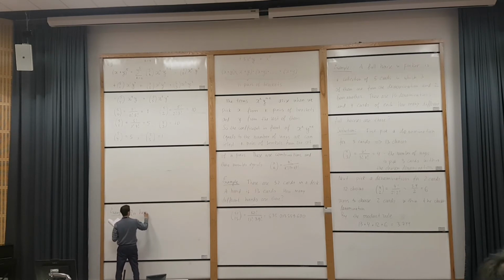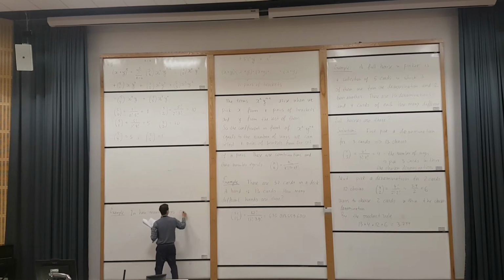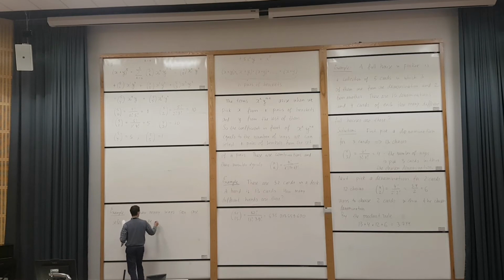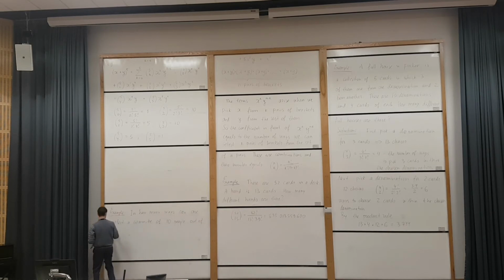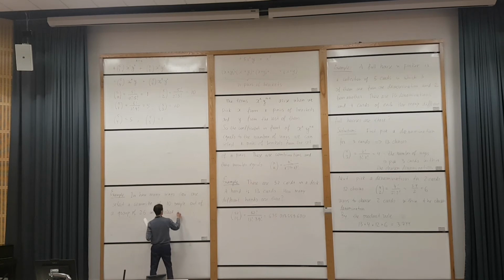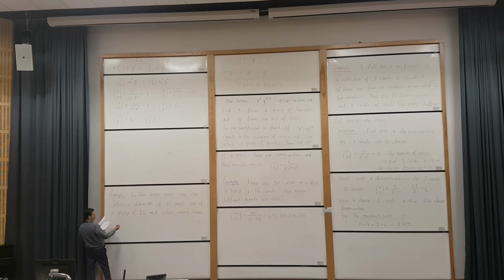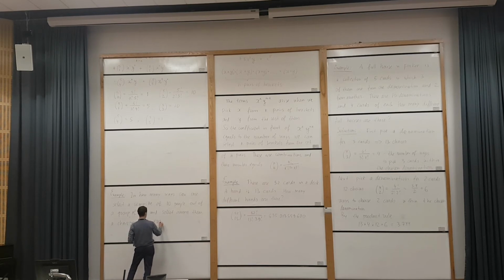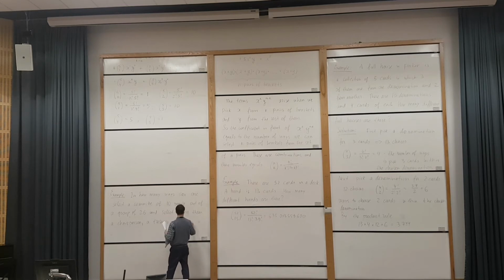In how many ways can one select a committee of 10 people out of a group of 26, and select among them a chairperson, a treasurer, and an administrator. Okay.